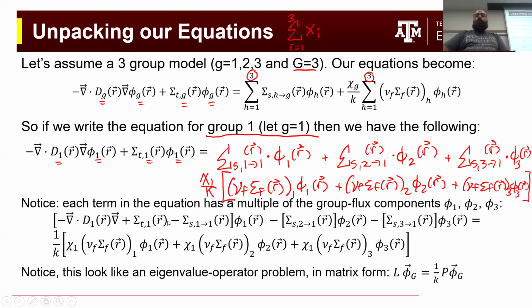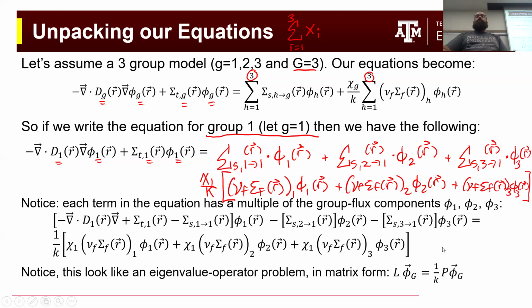And the reason I've written it like this is for two reasons. One, now I have all of my loss mechanisms on the left side, and all of my gain mechanisms on my right side. And also, because of phi1, phi2, and phi3, this is looking like a matrix equation, with constants times the fluxes that I'm trying to solve for.